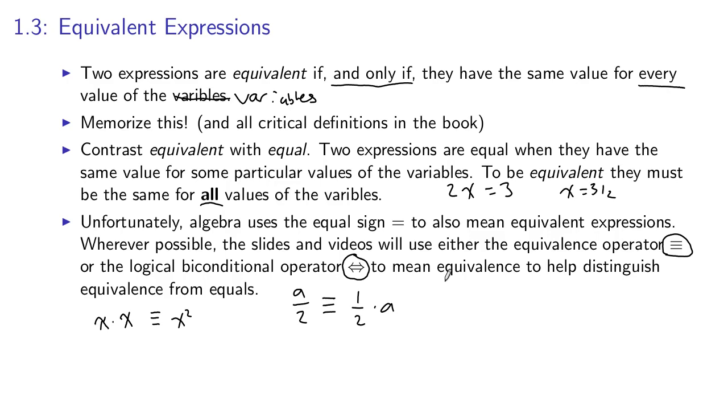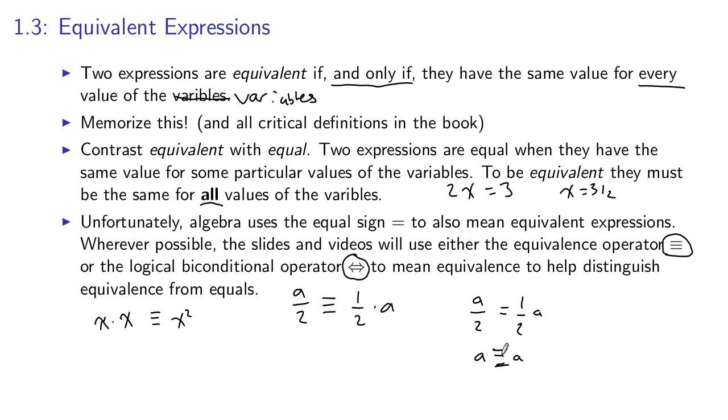We could see that if we wrote an equation, a over 2 equals 1/2 times a, that if we were to multiply the equation by 2, we would get this statement, a equals a, because 1 times a is a. This is the statement that we should want to see to show equivalence, because a and a are freely interchangeable.